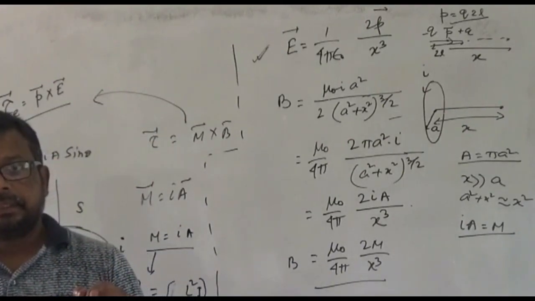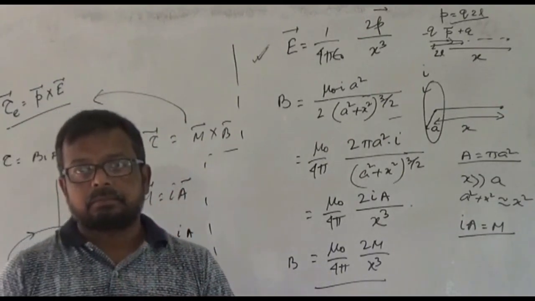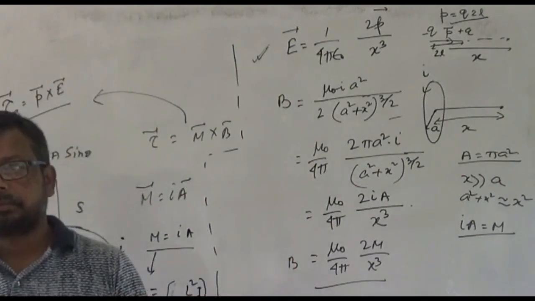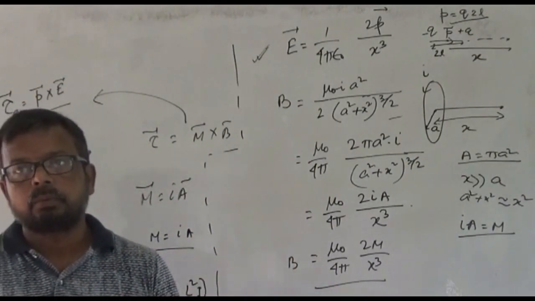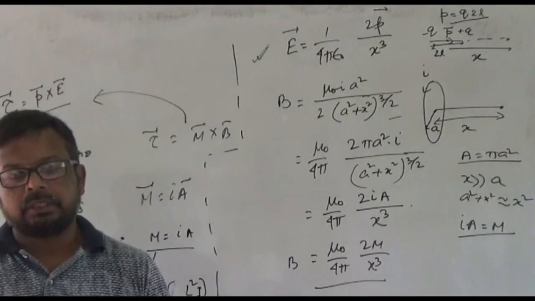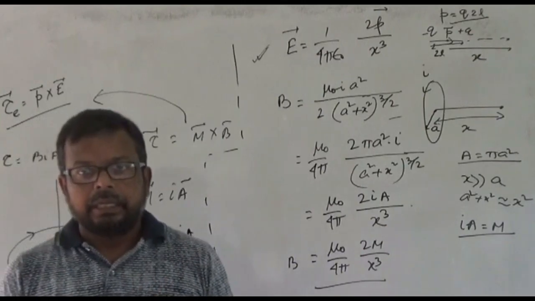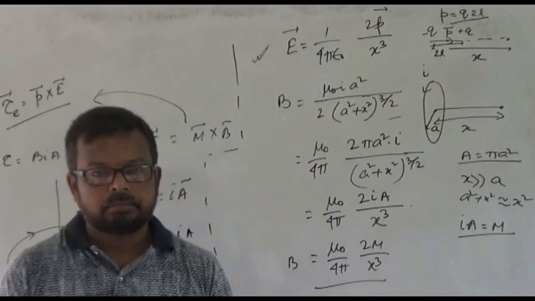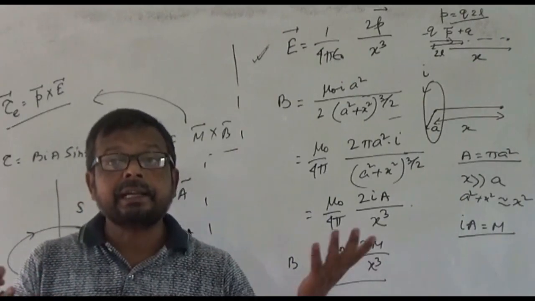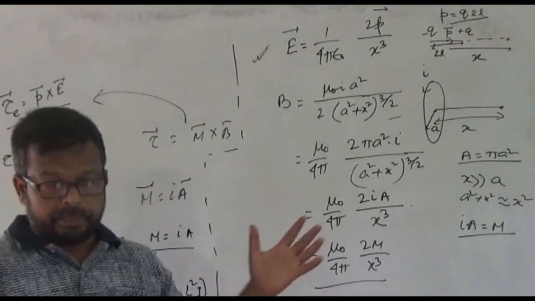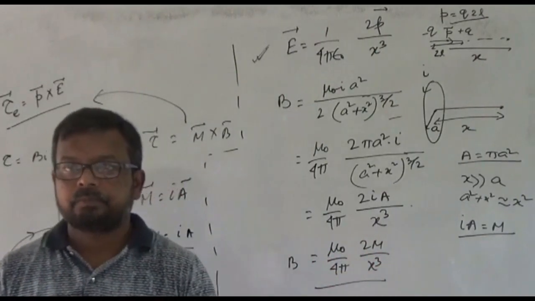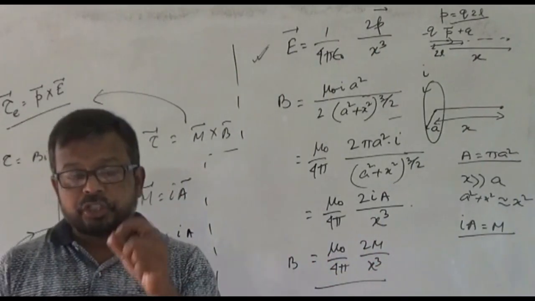But in the magnetic case, in magnetism, what is a magnetic dipole? A current loop. Magnetic dipole means, we mean here a current loop is the most elementary element.